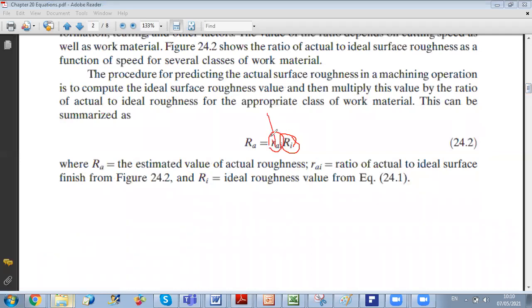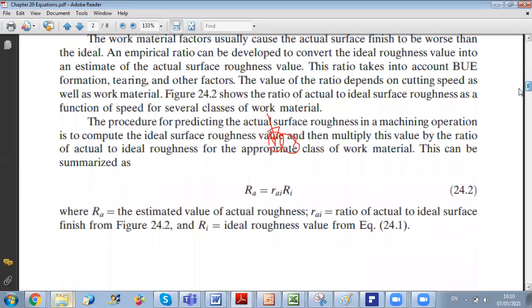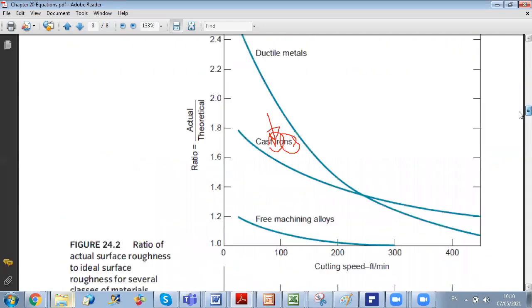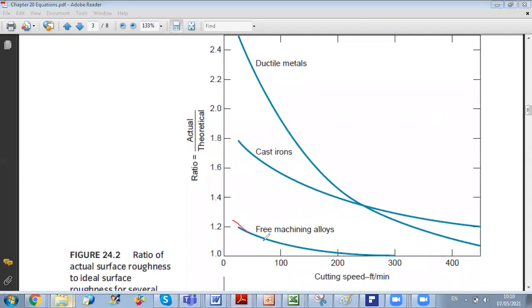Now, this factor will depend on the type of material that we are using, and also, as you can see in the graph here, it will depend on the cutting speed and on the material used. Here you can see several curves. Each curve corresponds to a certain type of material: ductile metals, cast irons, free machining alloys.